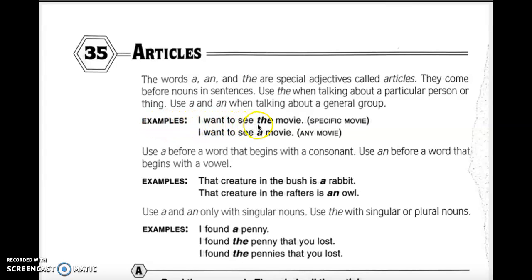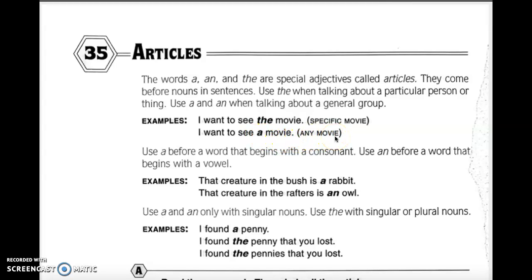I want to go see the movie. All right, in this case, we're talking about a specific movie, right? If you're talking about the movie, you're talking about that one specifically. Okay? However, if you say, I want to see a movie, you could be talking about any movie at all.